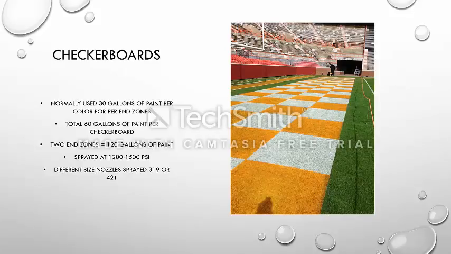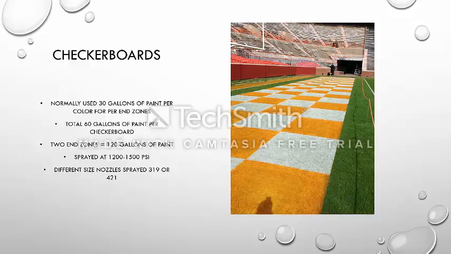Normally what I used to do before I started this project was I would use 30 gallons of paint per color per end zone. So I would use 30 gallons of white and 30 gallons of orange for one end zone. If we do a little bit of math here, that's 60 gallons of paint per checkerboard. That jumps up to 120 gallons of paint for the 2 end zones.